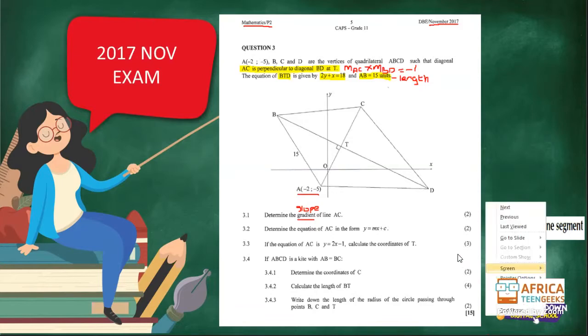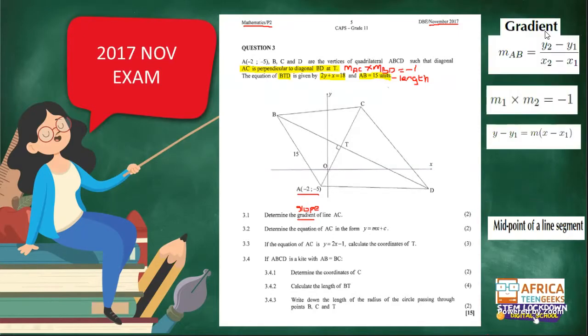To calculate the gradient between any points, in our case, this is AC.